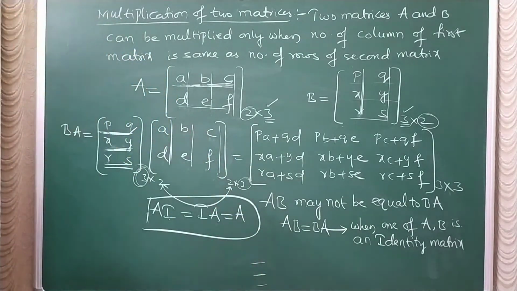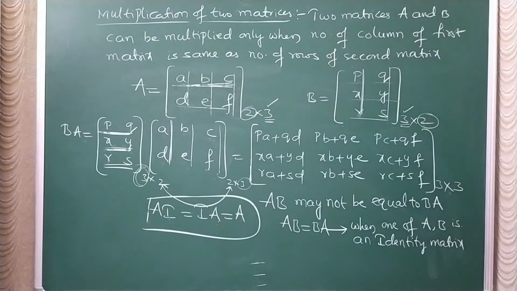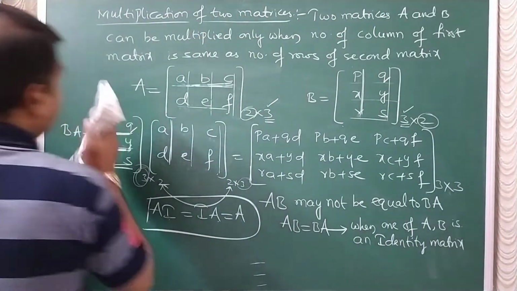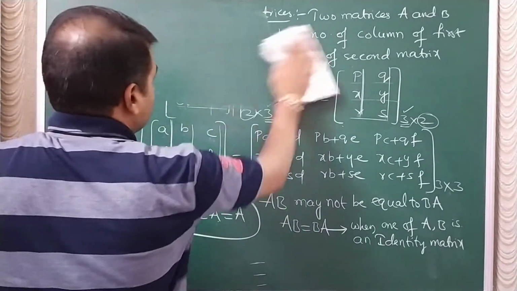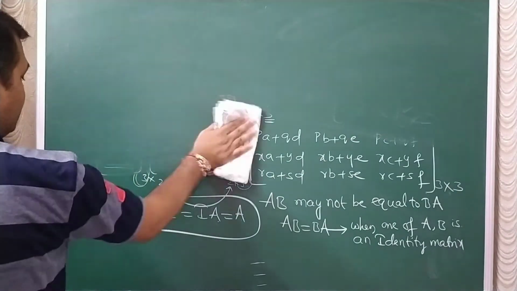So this is the basic rule you have to remember when you are multiplying two matrices. And some more properties we have to discuss in the multiplication of matrices. So what are the properties? Basic properties. Let us see.